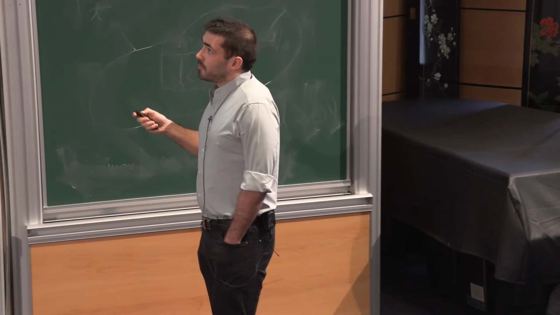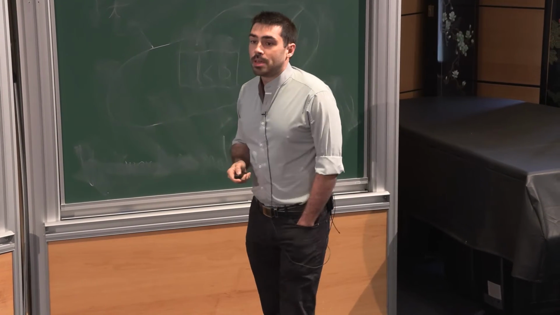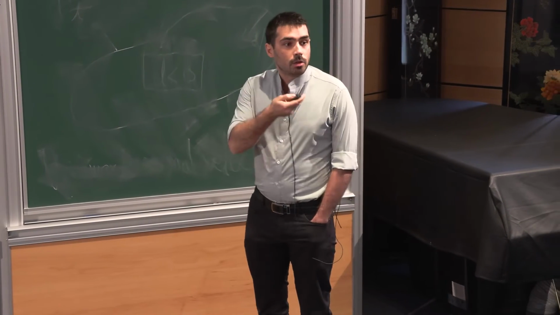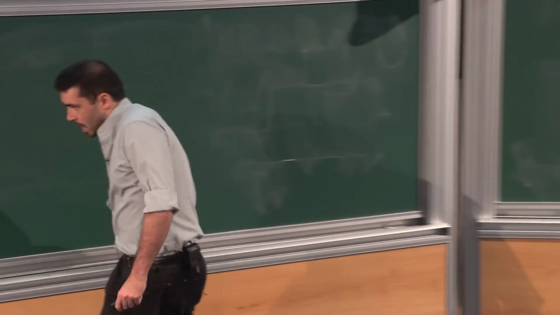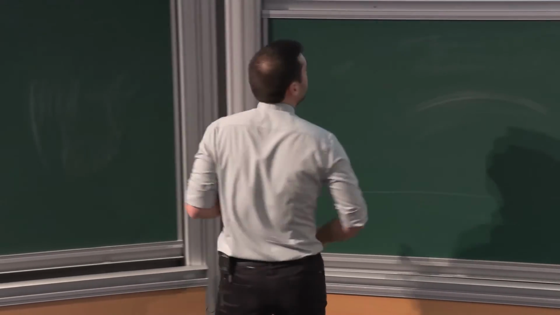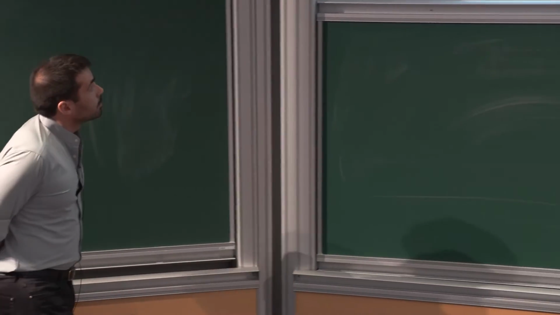The second remark, which is very important, is that the SEP with traps dynamics is attractive, in the sense that Christina was talking about earlier today. And maybe it's worthwhile for me to spend a little bit of time to explain what that means.